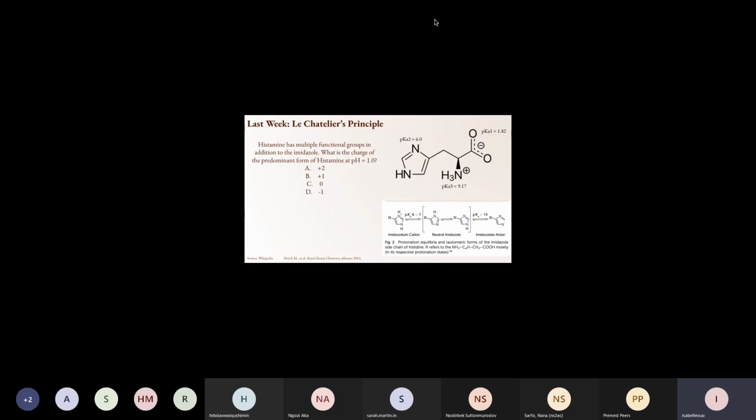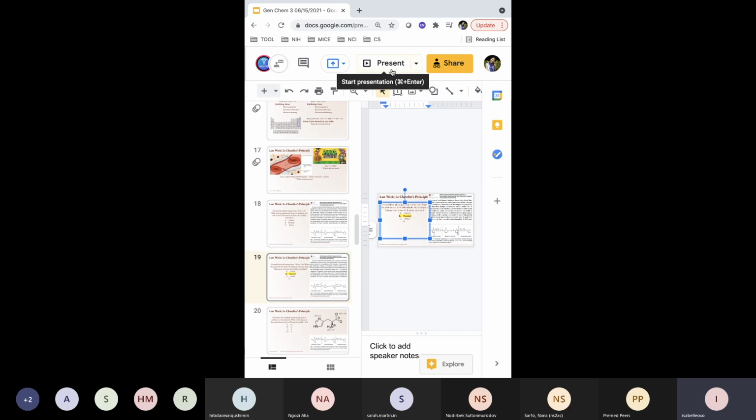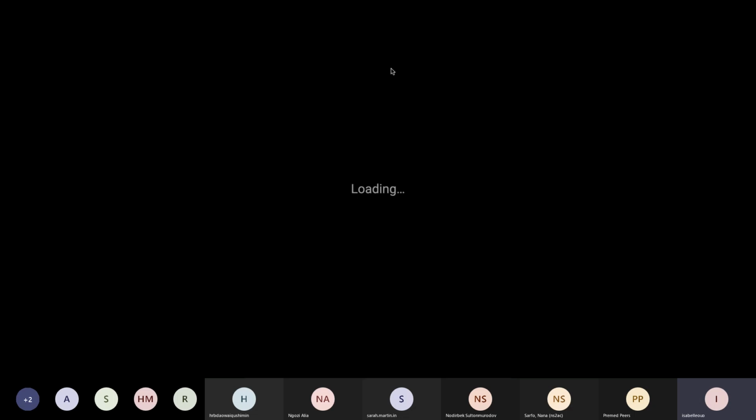Oh, okay. This is actually a little bit difficult. I don't know if you guys can see it, so let me see if I can type it in the chat to better answer.